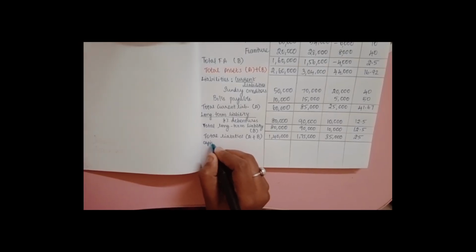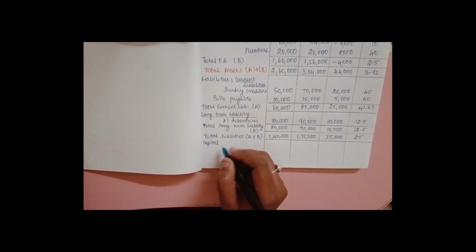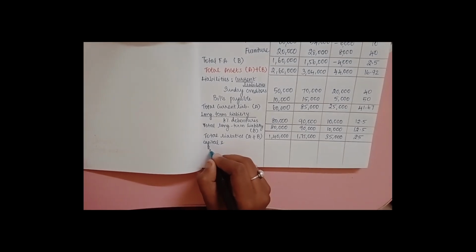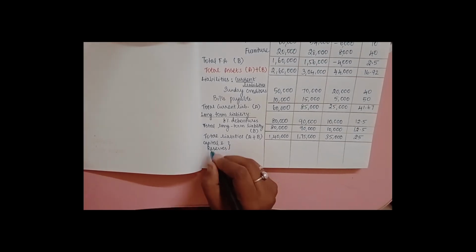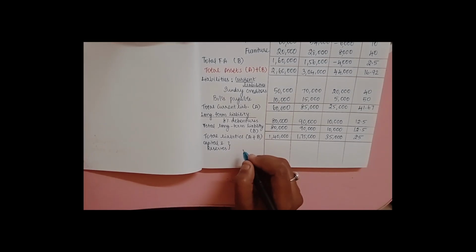The next one is capital and reserves. This also falls under the category of liability, but we separate it for better clarity.